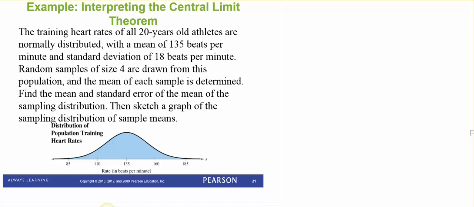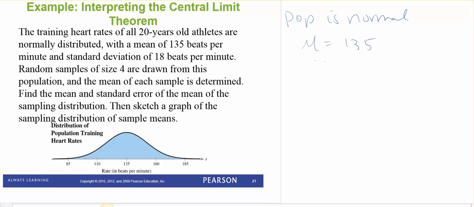The training heart rates of 20-year-old athletes is normally distributed. So we're told ahead of time that the population is normal. We're given a mean of 135 beats per minute and a standard deviation of 18. We're only doing random samples of size 4 this time.